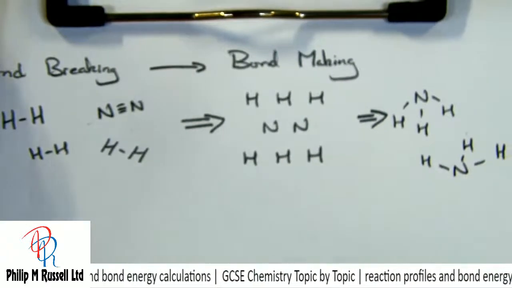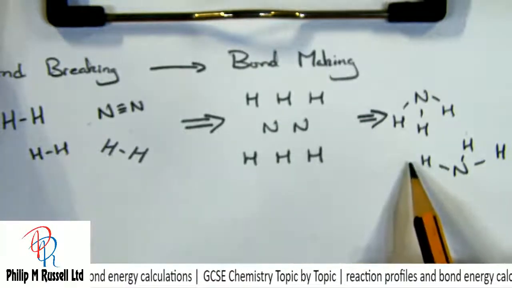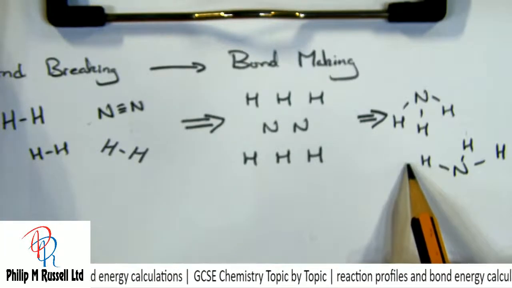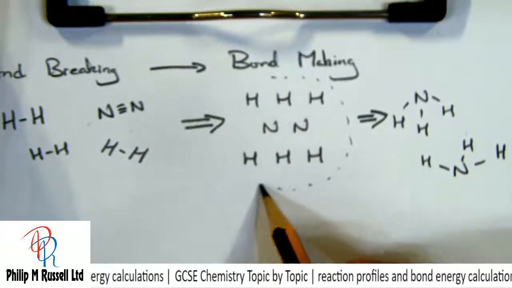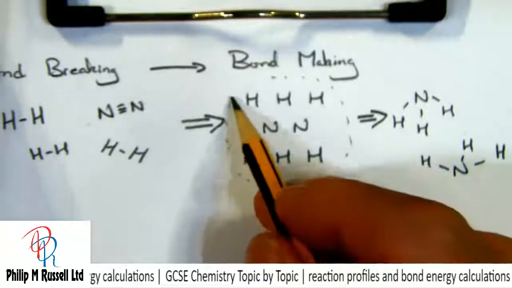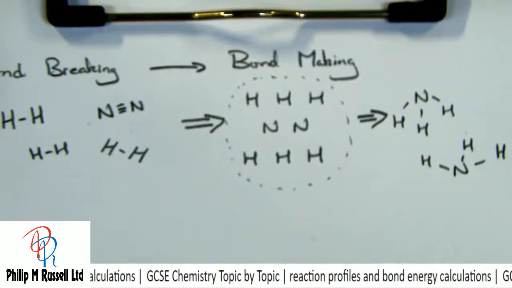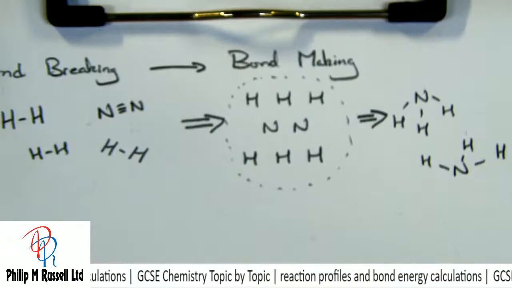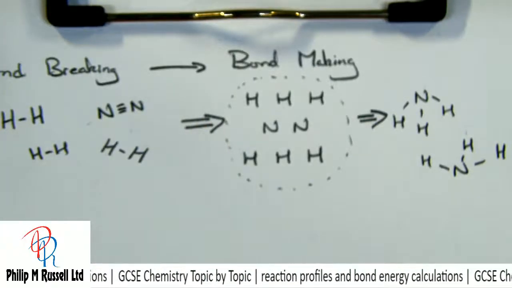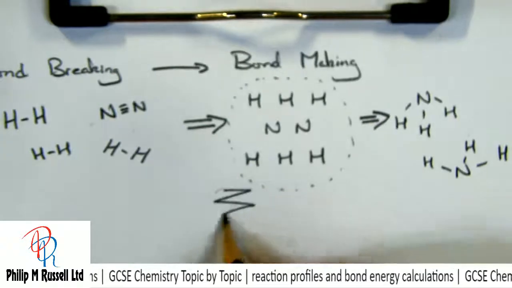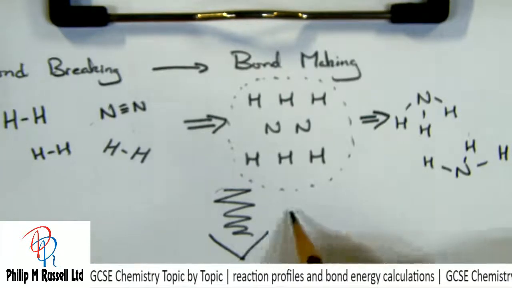Bond breaking, bond making, and we get this idea of having an intermediate here that probably doesn't exist, but we've actually had to break all those bonds, and that is going to release lots of energy eventually.